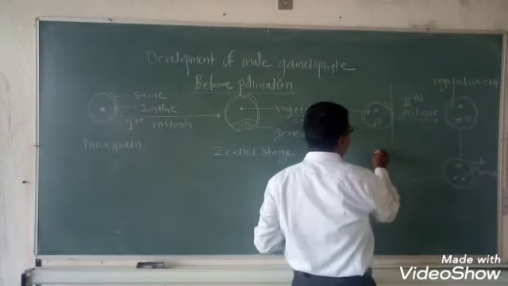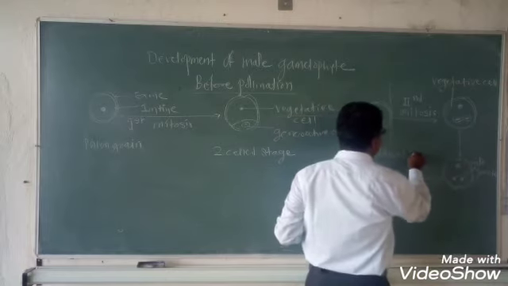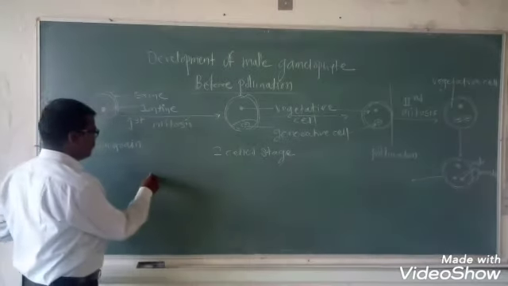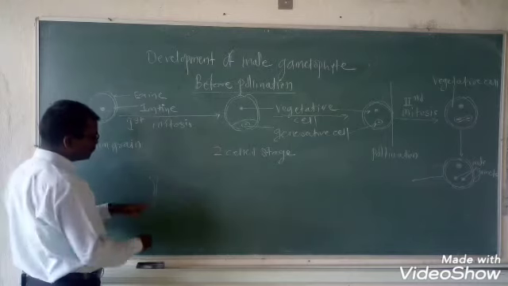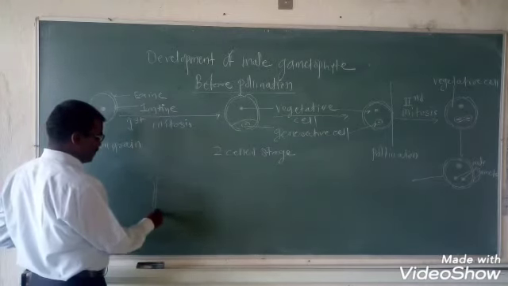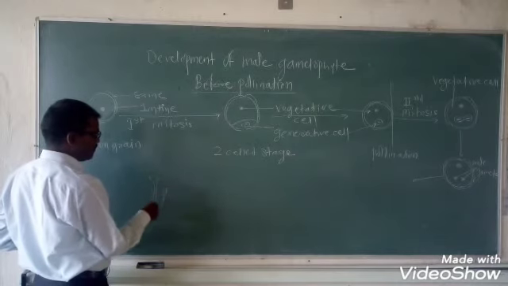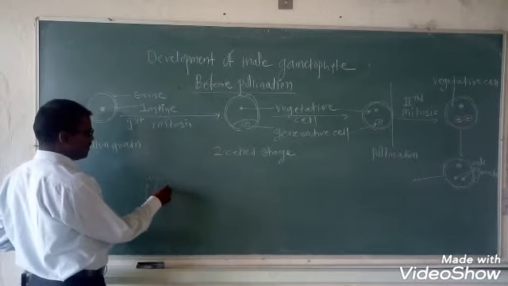Then after pollination, the pollen grain is transferred. You know the structure of a flower. This is the carpel, stigma, style. This is the stamen having anther.